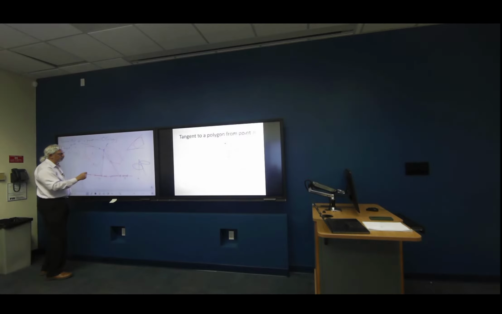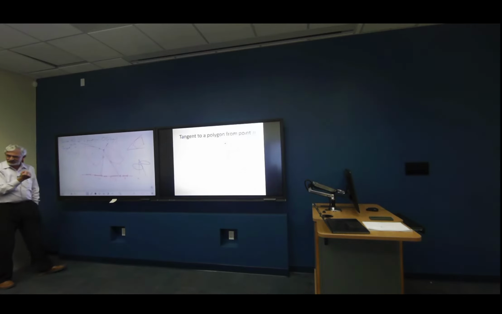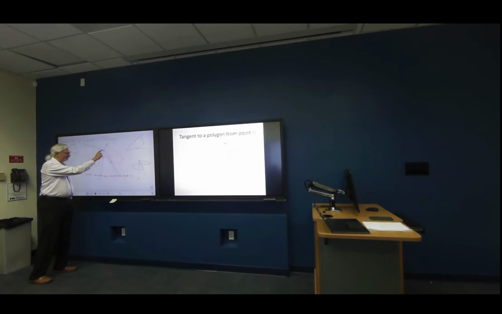So the first thing I'm going to do is ask for this particular tangent, where does it hit the x-axis? Do you know how to solve this? I have this point, this is the point where the tangent started, and this is the tangent point where it just touches the polygon, right?